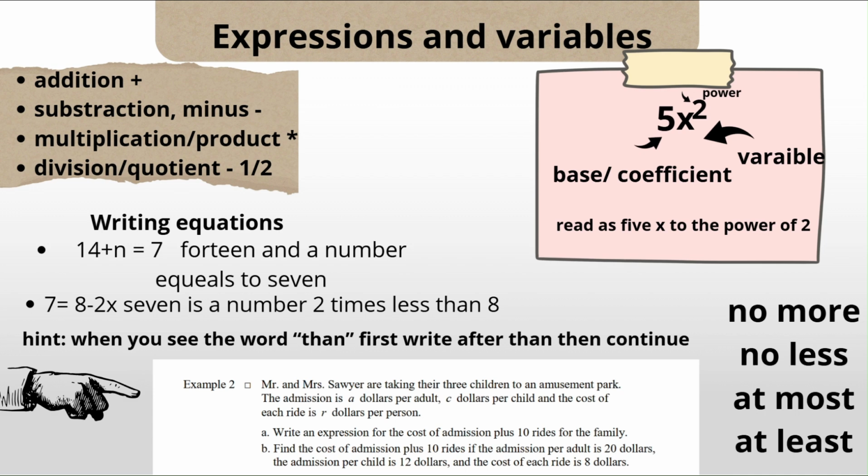For example, 5 to the power of 2 or 7 to the power of 3. We also have a variable. A variable is the number which is unknown. This may be Y, this may be A, this may be N, whichever letter you prefer to put here. And obviously, the number is called number. That's it. You may read it as 5x to the power of 2. This is how we read it.